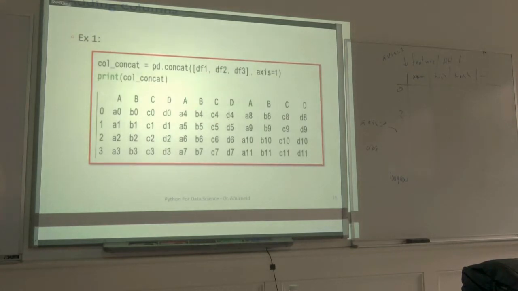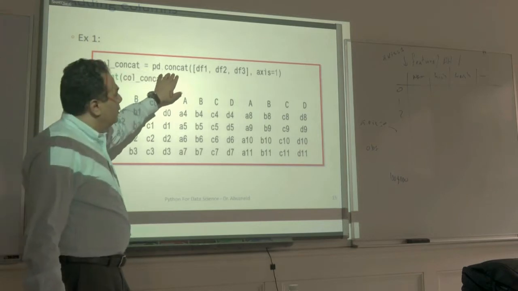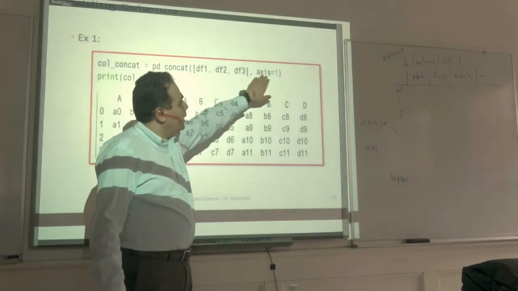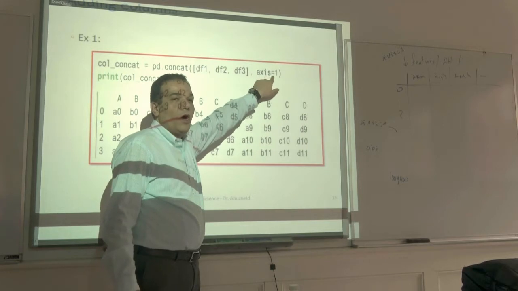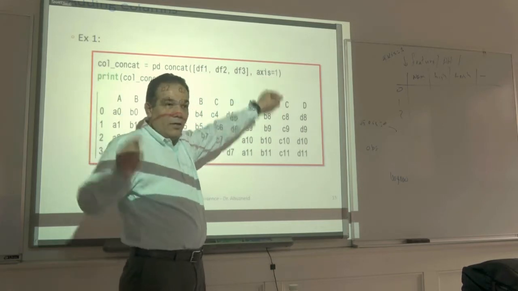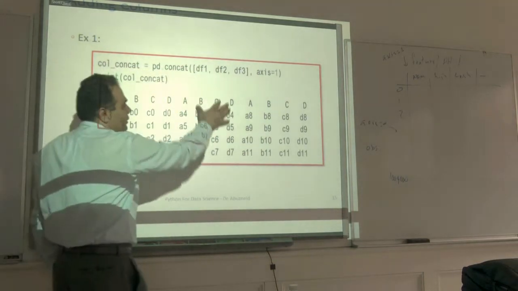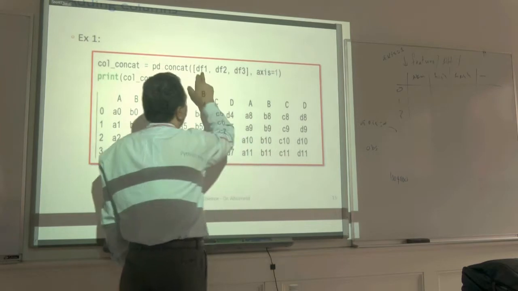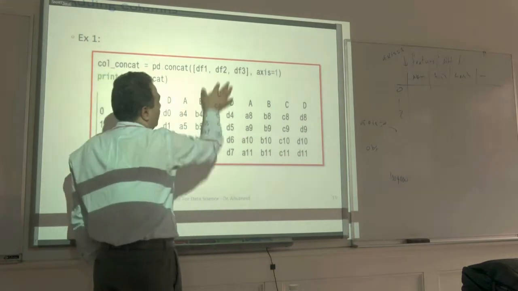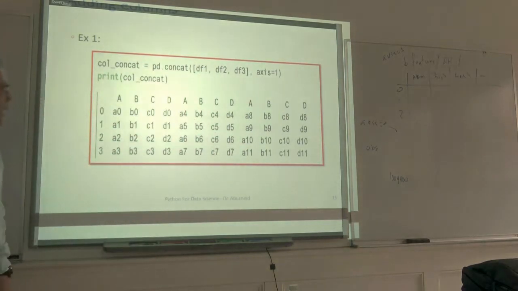So here, column concatenation: concat 3 data frames, and I specify axis 1. That means they're concatenated by the columns. So we'll see A, B, C, D, A, B, C, D, A, B, C, D, coming from data frame 1, data frame 2, and data frame 3.